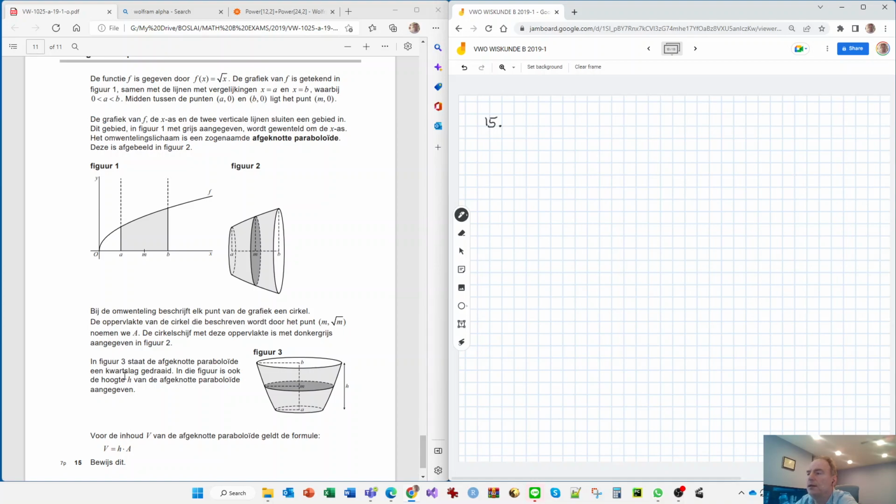And then we see this rotated a little bit, and they define h, which is the height of this parabola, or what's the right term in English.